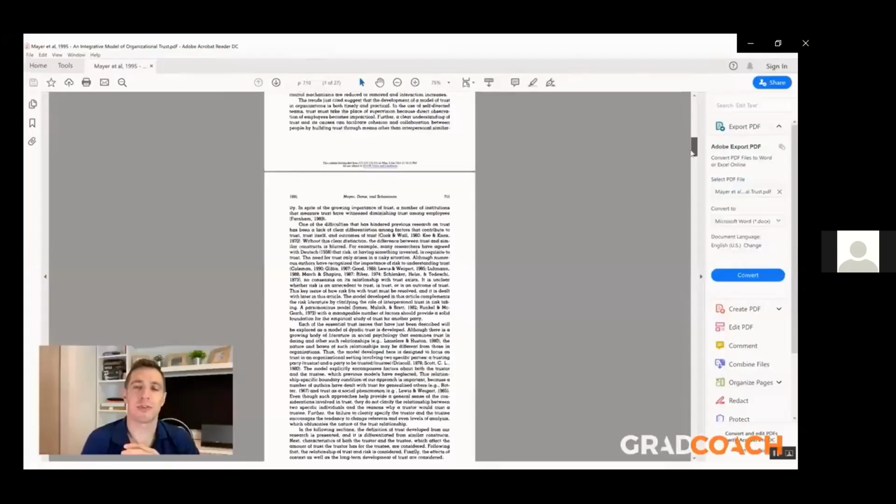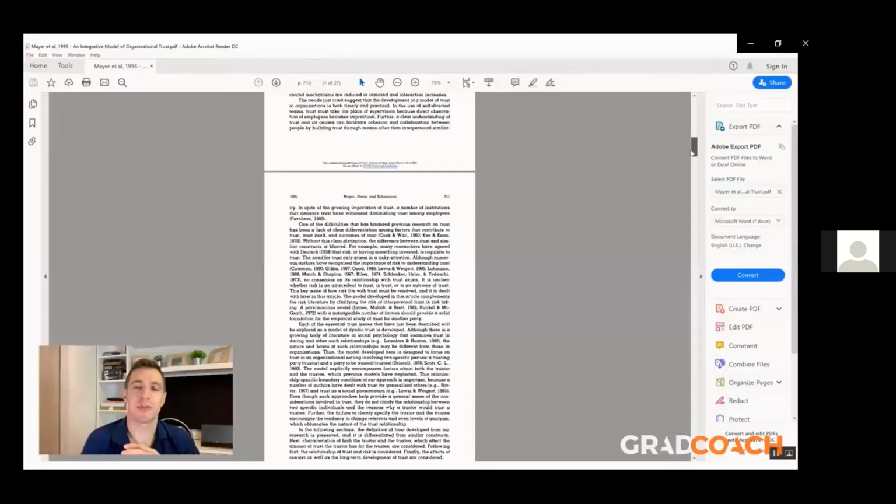So what snowballing is, you find 2 or 3 articles that are hyper relevant to whatever your research questions are, whatever your research aims are, whatever the focus of your research is. You get those 3 articles, you go to the end of those 3 articles, and as in any journal article, there will be a list of references at the end.